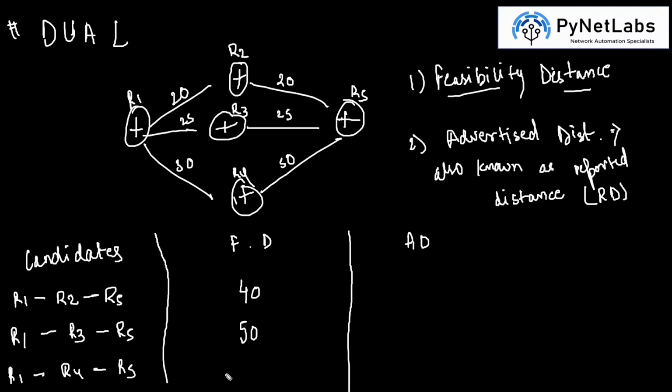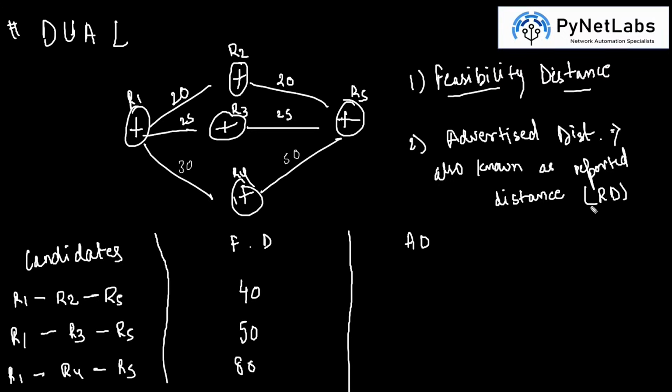And similarly, for the third route, the feasibility distance will be 80. So let me write this neatly so that it doesn't cause any confusion. So this is 30. This is 50. Okay. I hope till now we are clear.